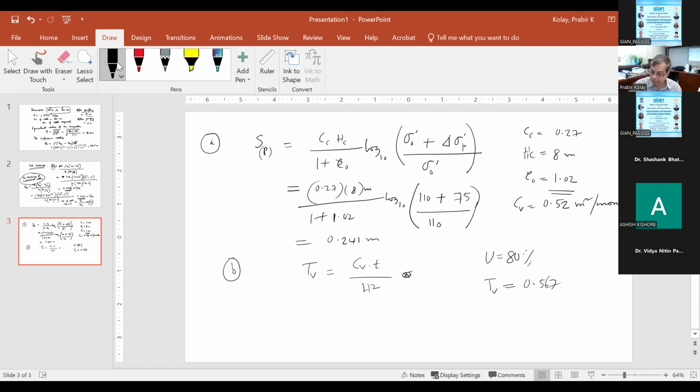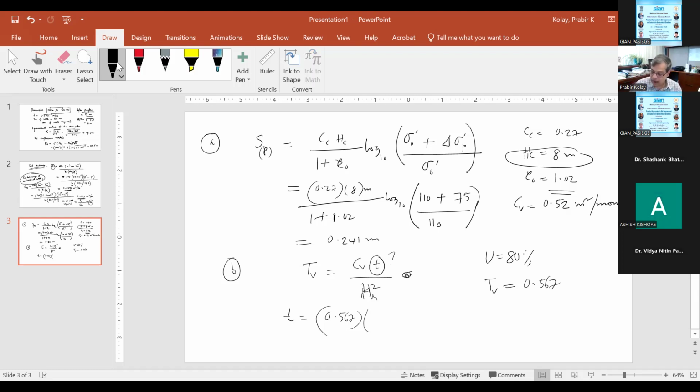So you need to find out the time over here, t. You need to calculate. So t is basically the time factor, that is 0.567, times the height of drainage squared. You also need to know how much is the height of drainage. Here in this problem, the drainage is both sides, so the height of clay is 8.